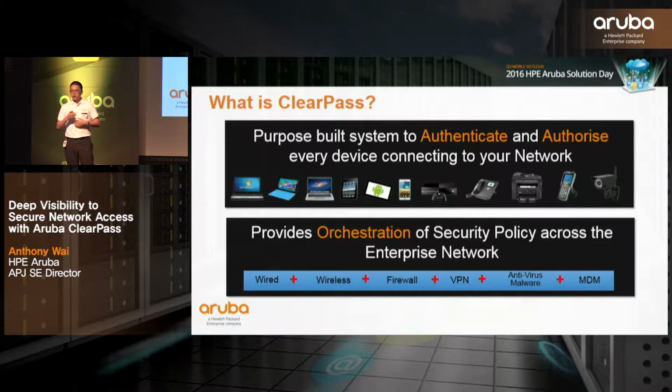And we actually made the right predictions that mobility is going to explode. But one of the major concerns that people have is security. And ClearPass is exactly the solution that we invested in to bring security to network access management.